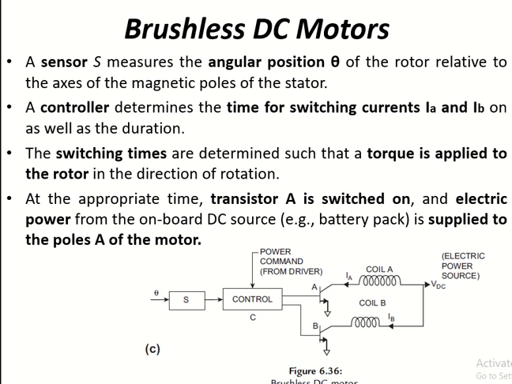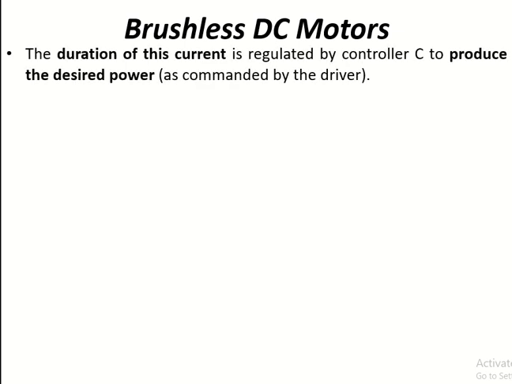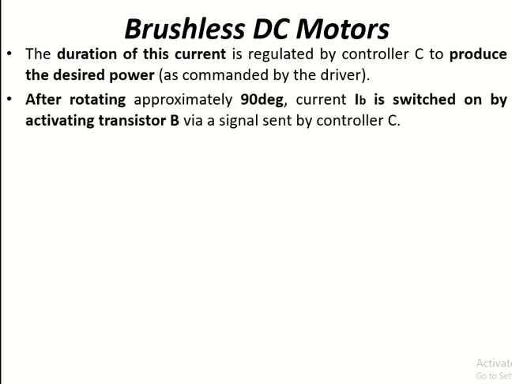And the brushless DC motor control diagram is given here. The duration of this current is regulated by controller C to produce the desired power. After rotating approximately 90 degrees, current IB is switched on by activating transistor B via a signal sent by the controller.